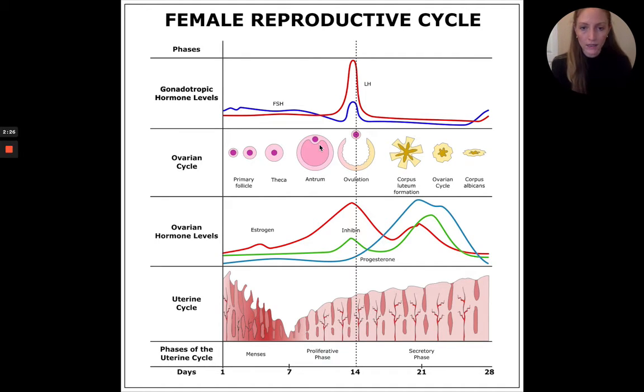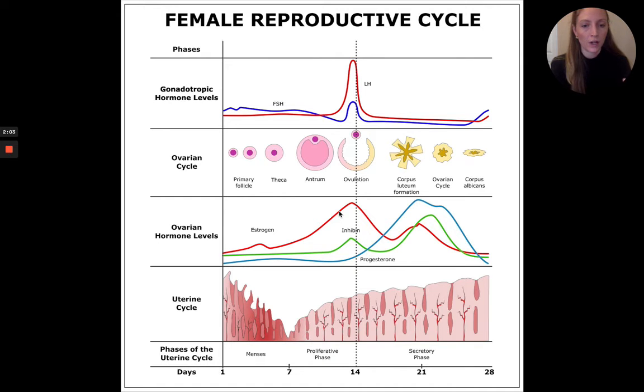And those pink cells, the cells that make up our follicle, are going to be releasing estrogen into our blood. And so during this follicular phase, we start to see estrogen rising. And this is why estrogen becomes our quote-unquote dominant hormone during the first half of our cycle. Estrogen's highest, estrogen's running the show.